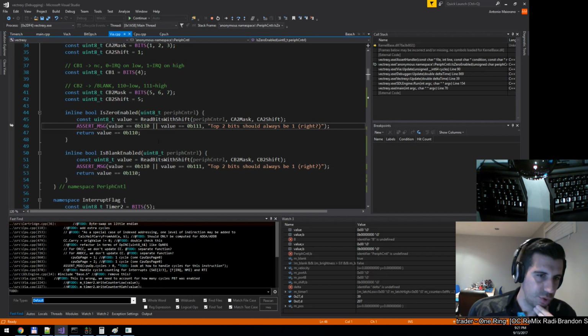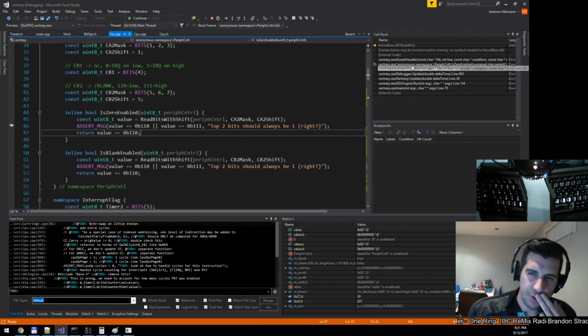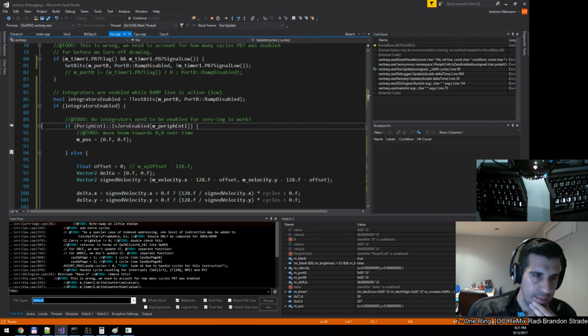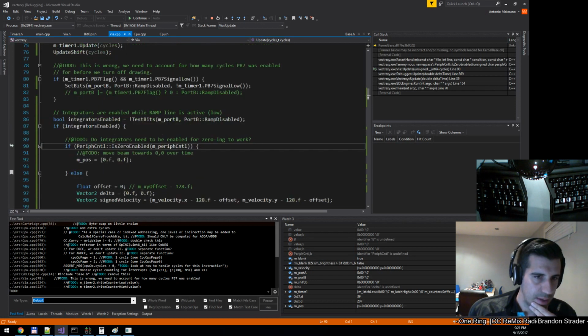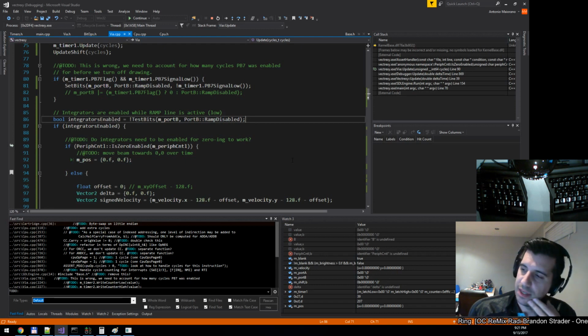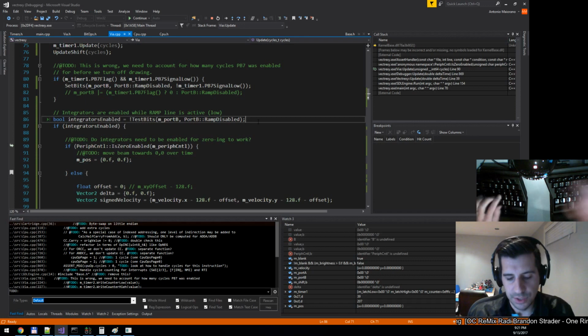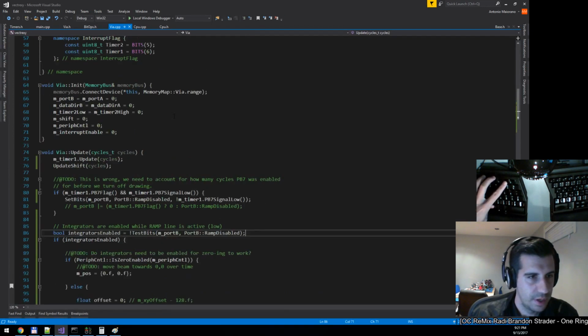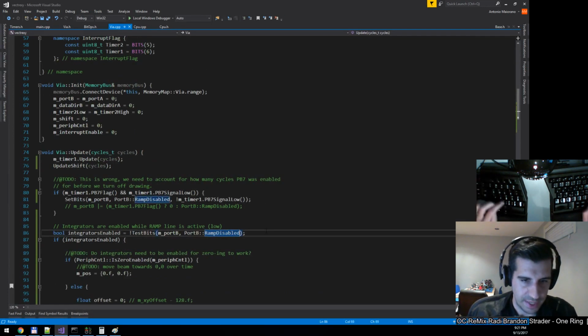So maybe what we should do is enable, I'm not sure what the right thing to do is. Either we initialize port B so that ramp is disabled until it gets enabled, which probably makes sense. Yeah, let's do that. Let's initialize B to ramp disabled.